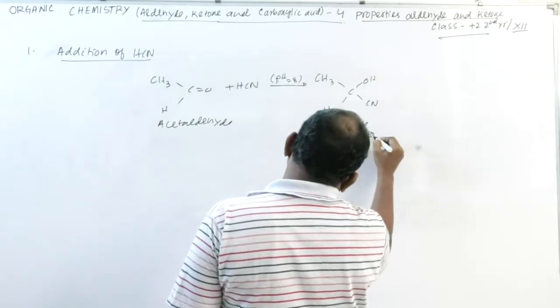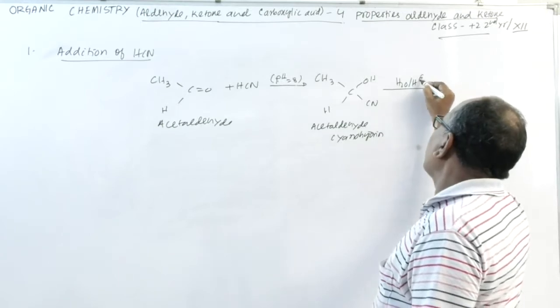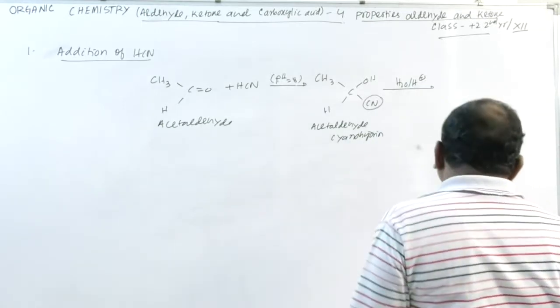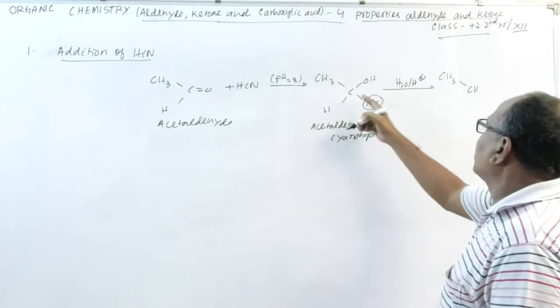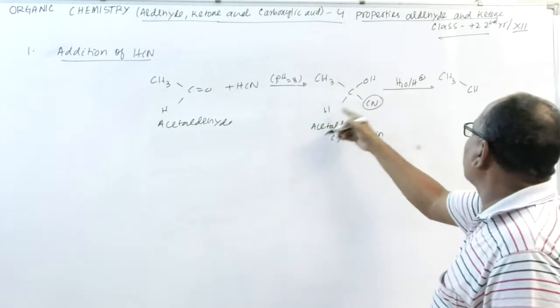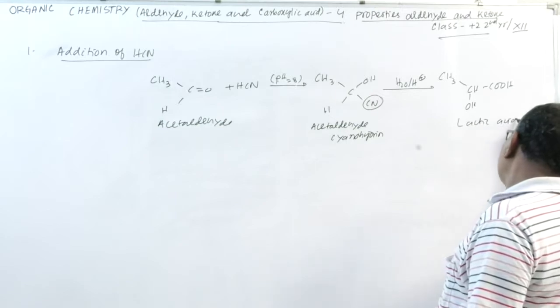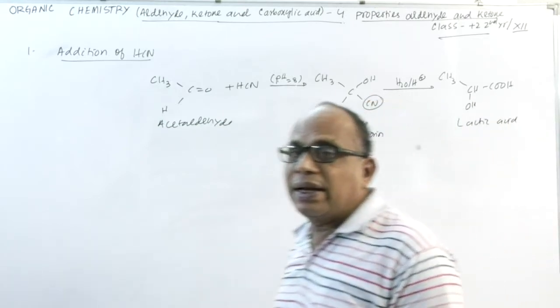On hydrolysis, what will happen? This group is hydrolyzed to give CH3CH(OH)COOH. This is your lactic acid. This is lactic acid.